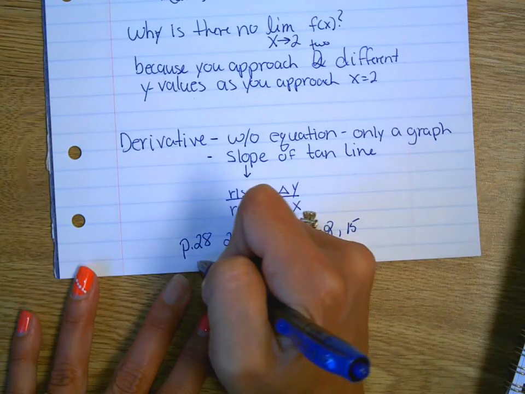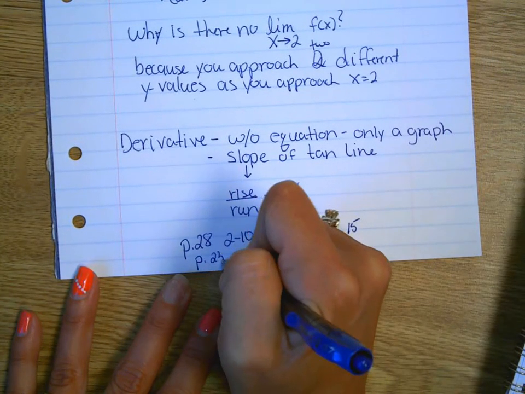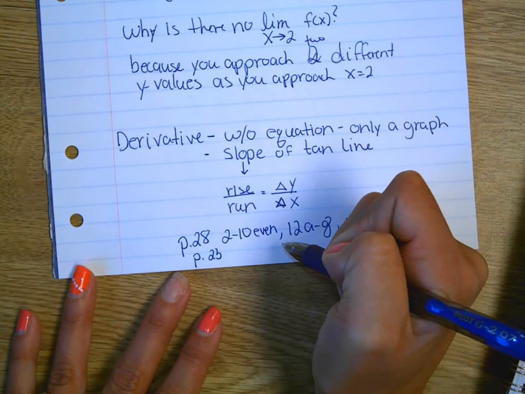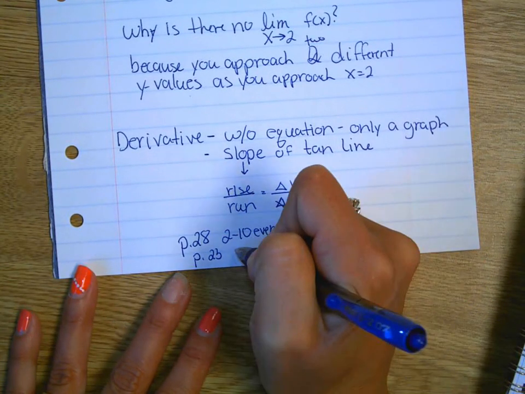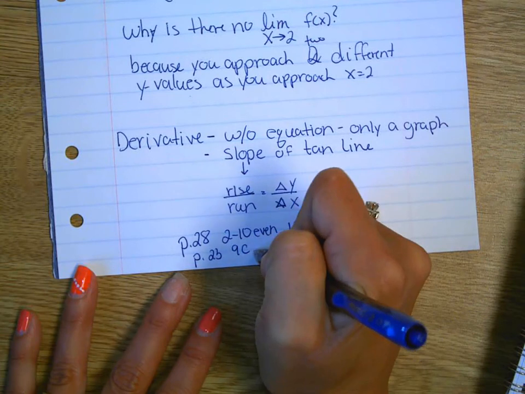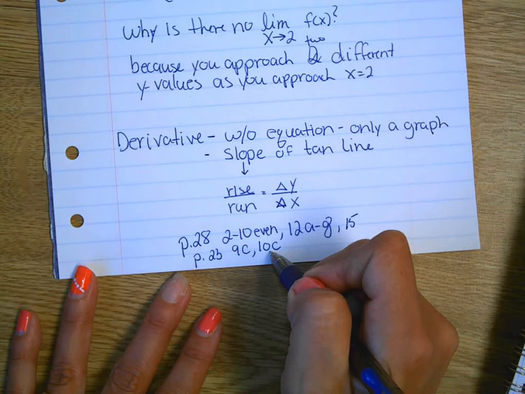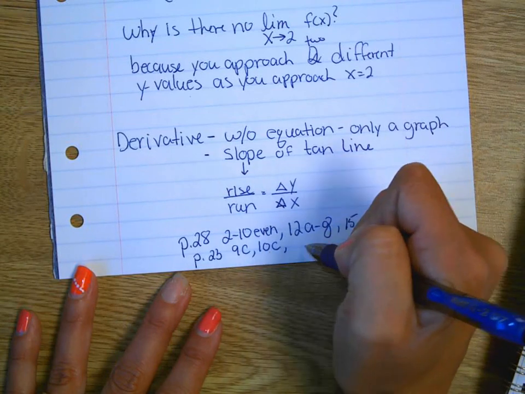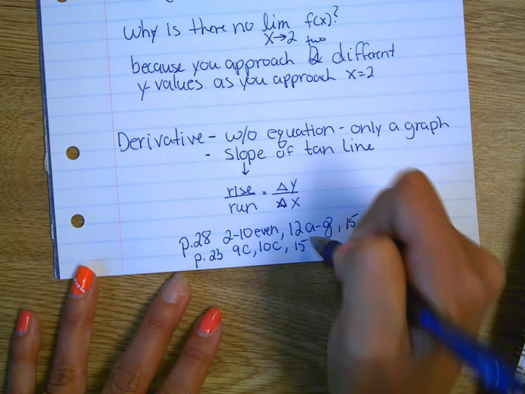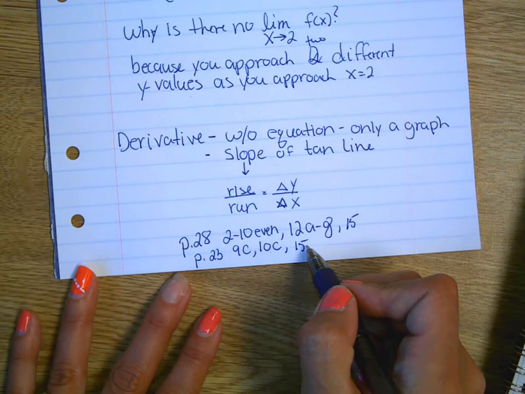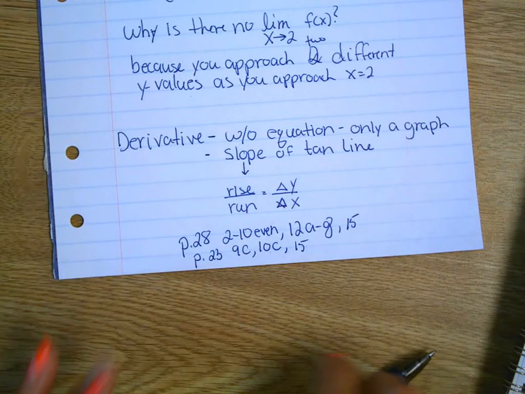Then we're going to go back to page 23, so you can practice using that program. 9C and 10C. This is going to be using your program, the TRAP program that you have. And then 15, I actually think it goes on to page 24, is going to let you practice that slope and counting slope to get derivative. Okay, that ends the chapter.